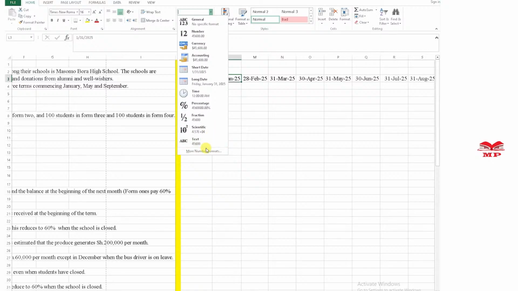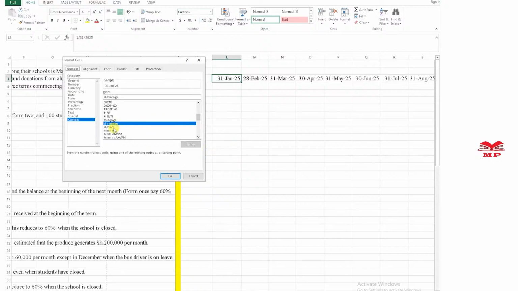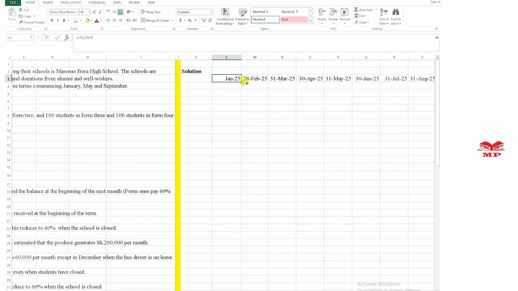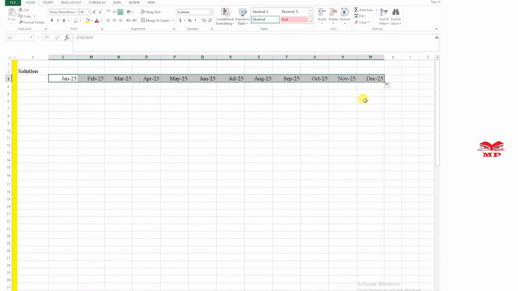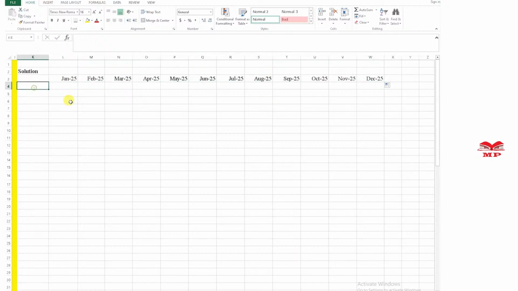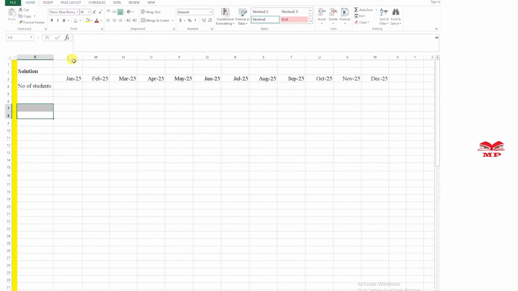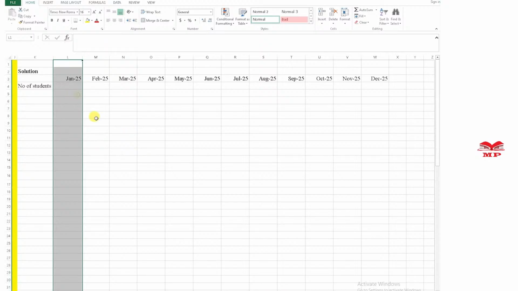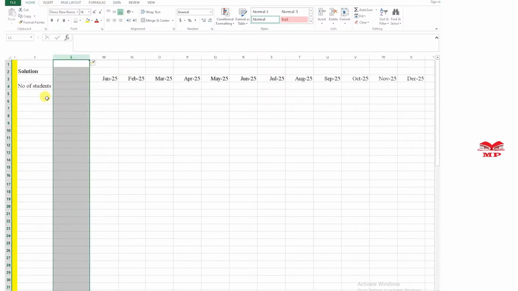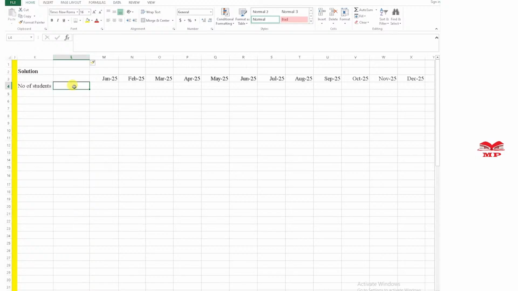I may need to put it in that format, like that, so that it can at least give better visuals here. Now we can analyze the number of students over here. We'll create a gap right over here, insert, and for the number of students we'll type Form 1 through to Form 4.